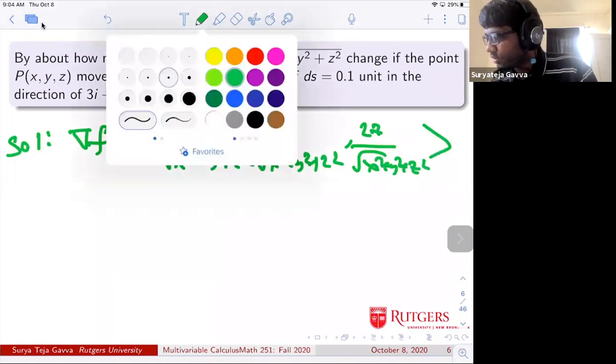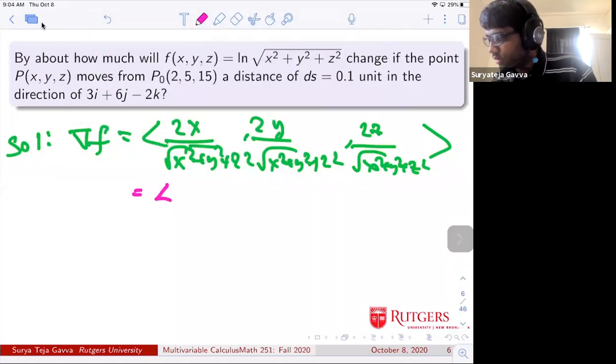Okay, so if I substitute my values in, let's see.